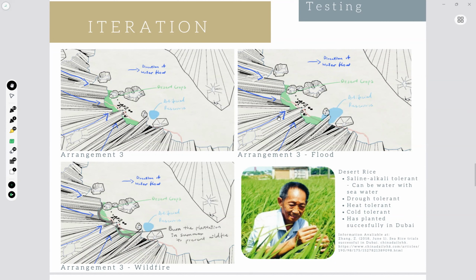And when the flood happens, the plantations right next to the bottom of the slope will slow down the drainage and also help to absorb the drainage. And because the plants are there, the roots help to hold the soil to prevent soil erosion. So the drainage can actually go down deep into the soil instead of flowing above the ground.